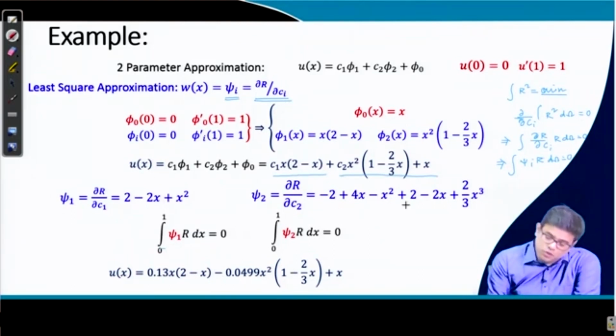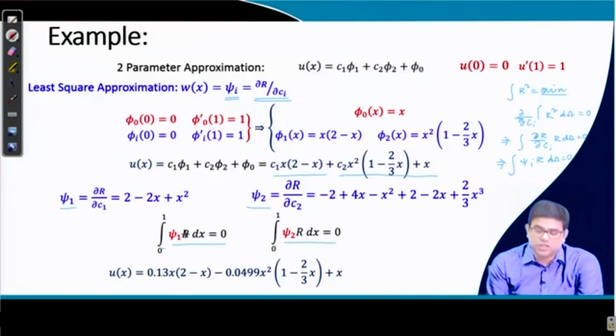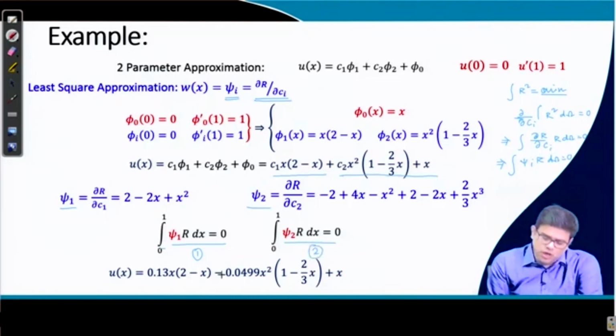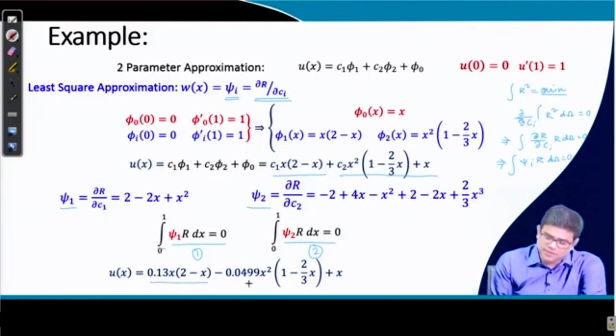So now if I choose my weight functions psi i's as del r by del C1 and del r by del C2, again with a similar kind of exercise, you can compute it by hand, you can substitute these two and then you will get again two linearly independent equations. So now if I solve these two equations, then I will get these solutions.